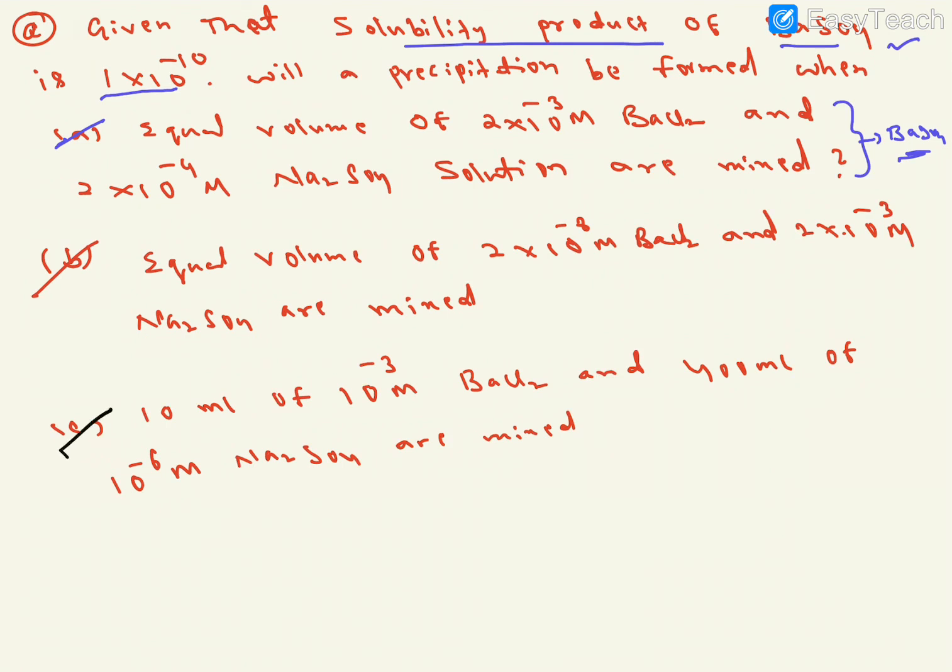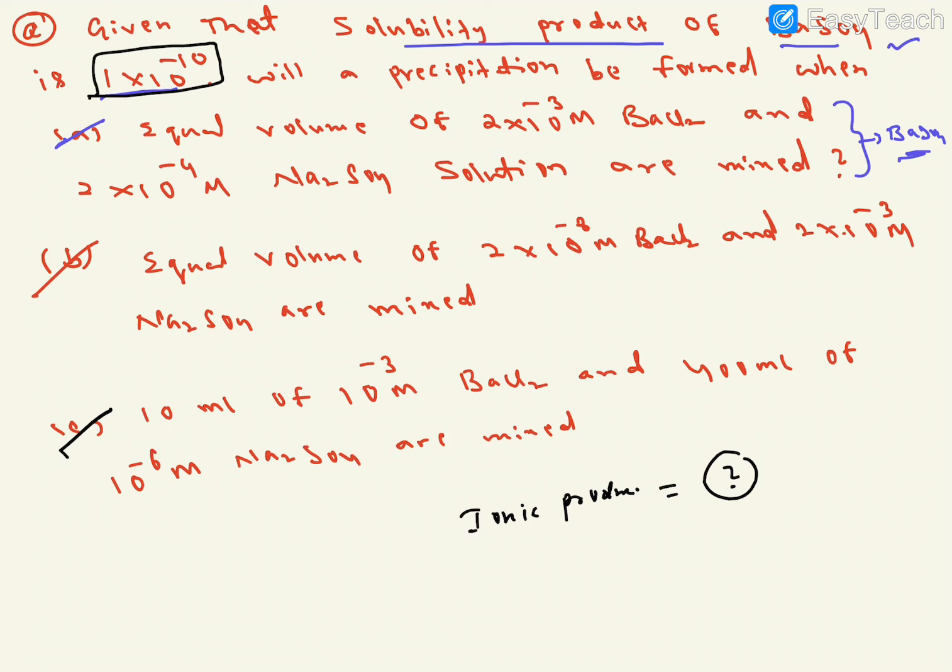So there are model questions like these. Try these questions: question number 2, part B, and question number C. Very simple questions. Just find the ionic product for these two questions, then compare it with the solubility product already given in the question, and see which is more, which is less, which is equal.